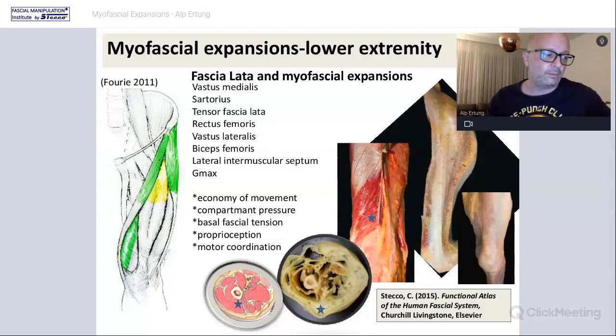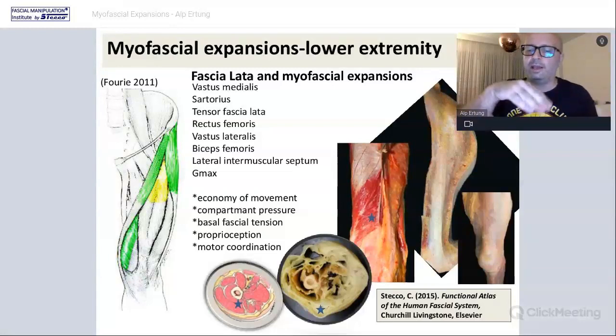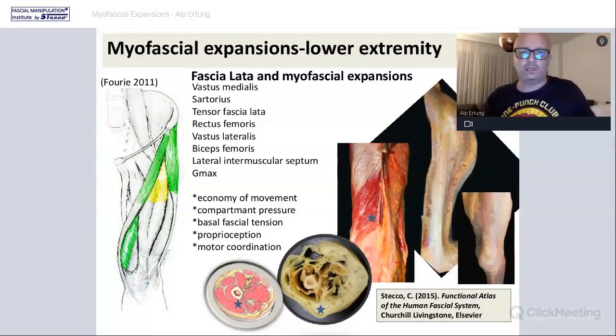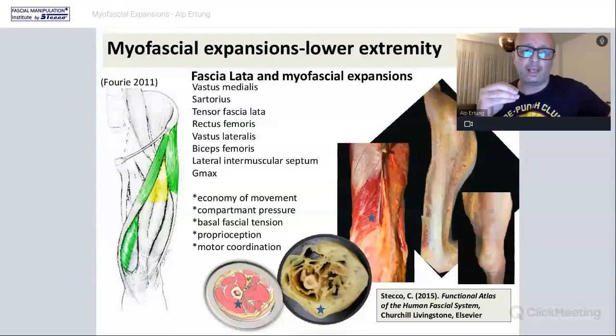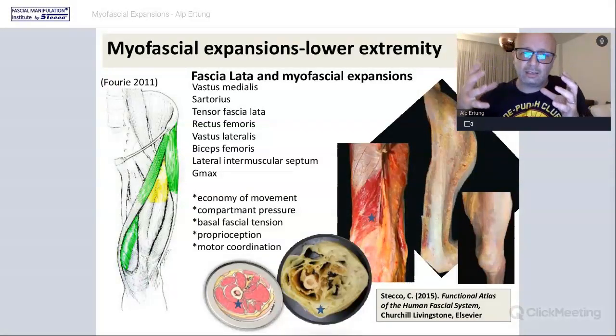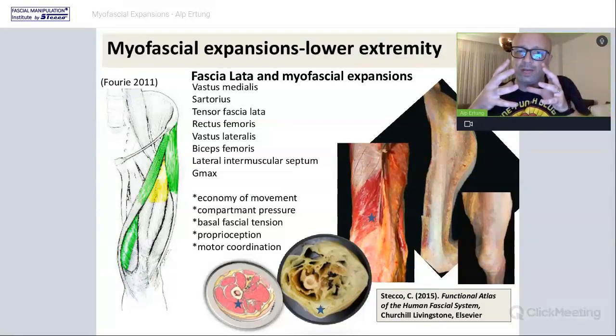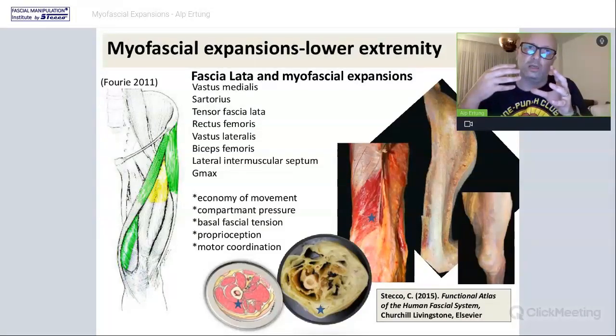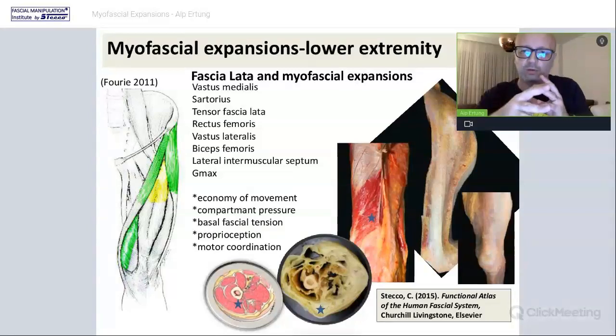So the hypothesis is that while we are extending the knee, we are using all these muscles, but the fascia lata with these connections can create a compartment pressure which makes it easy for the muscles to do their work.